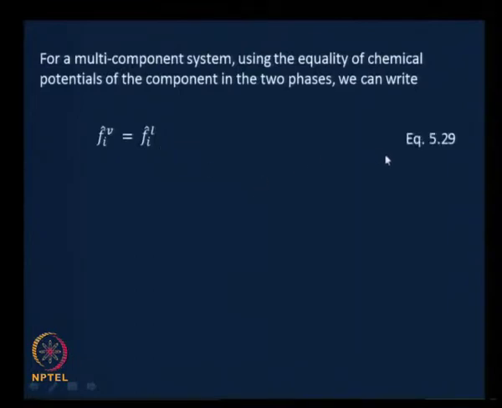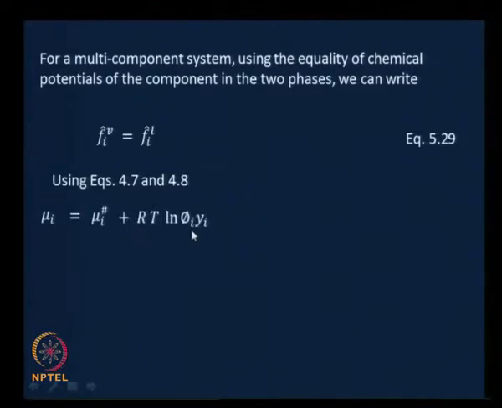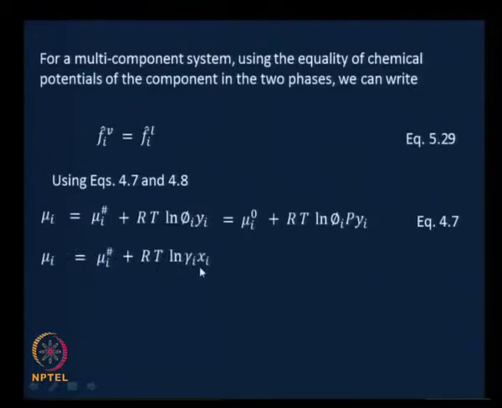We will call this equation 5.29, and using equations 4.7 and 4.8 from module 4, you will realize what those expressions are. Mu I equals mu I hash plus RT ln phi I yi, this is what we got in 4.7, that is mu I naught plus RT ln phi I p yi, and 4.8, mu I equals mu I hash plus RT ln gamma I xi.